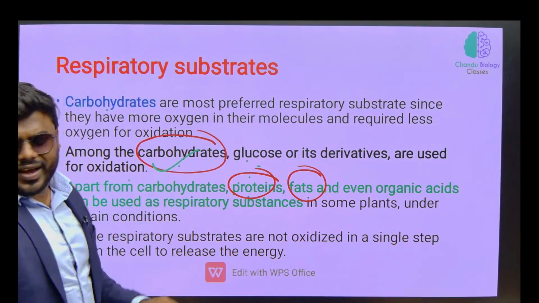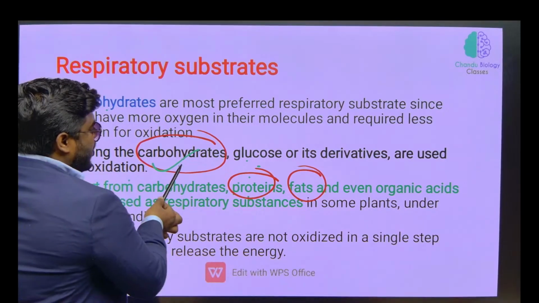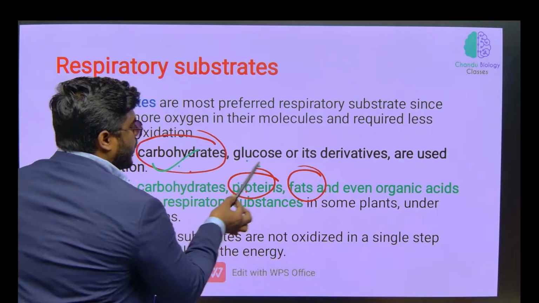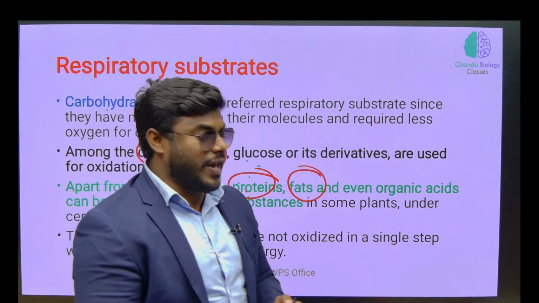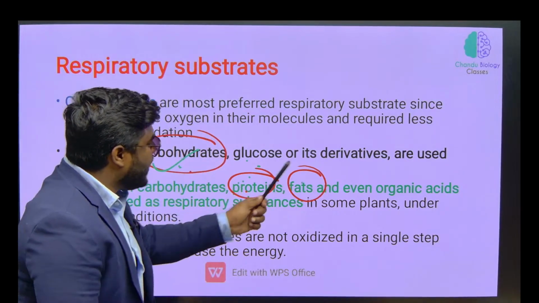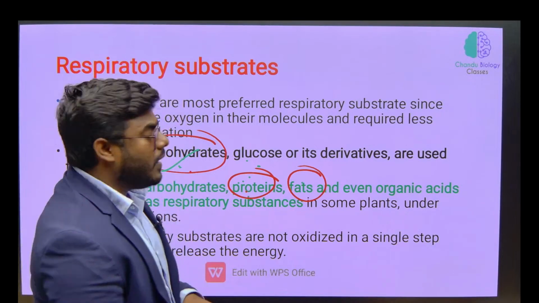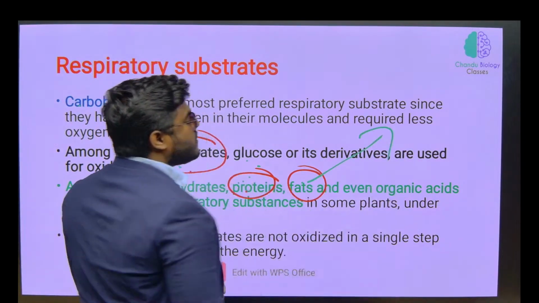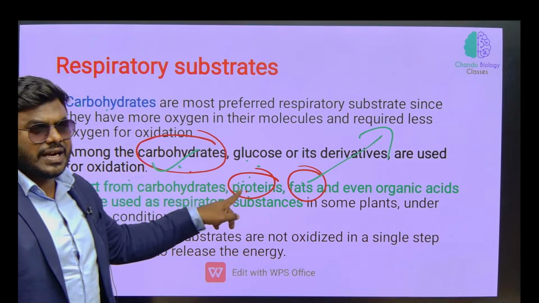Now, a simple question to all of you, which we'll read in the upcoming slide. Which will give more energy, carbohydrate, protein or fat? Let me ask the question in this way: among carbohydrate, protein and fat, which gives more ATP or more energy? Lipids or fats give more energy compared to carbohydrates and proteins.